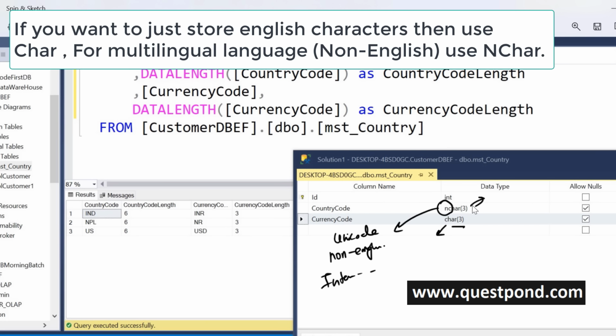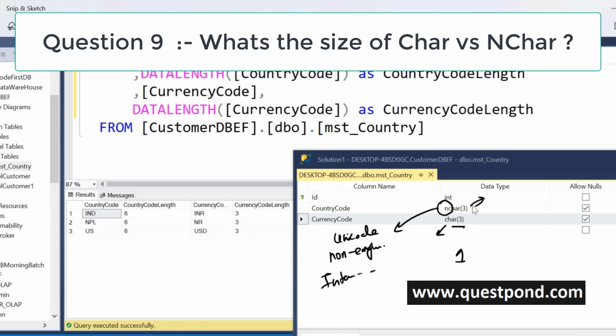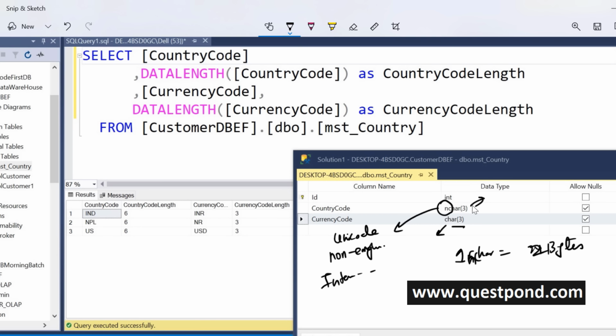And the time you say nchar, for one character, it will take 2 bytes because you now have to support Unicode. And when you just say pure ASCII, that is non-Unicode, then for one character, it will take 1 byte.